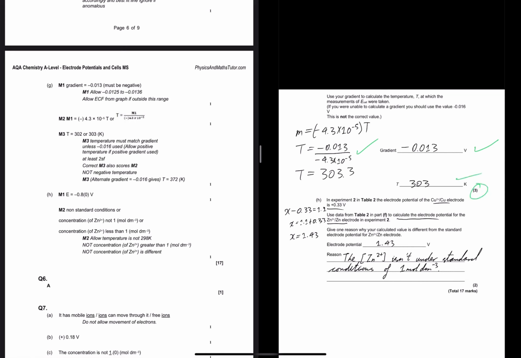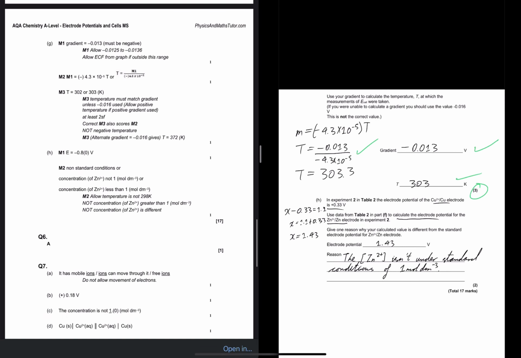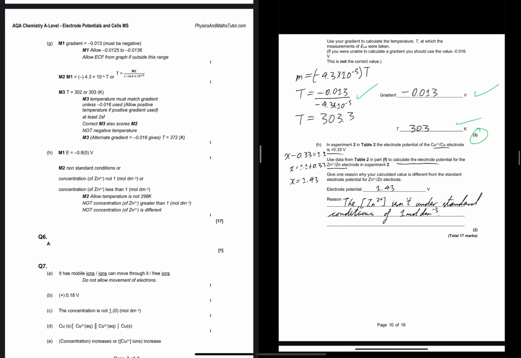It has to be at least 2 significant figures, that's quite important there. Minus 0.8. So I made a mistake here, right? So let's see why I made a mistake. This is meant to be minus 0.8. So that's wrong. Minus 0.8.